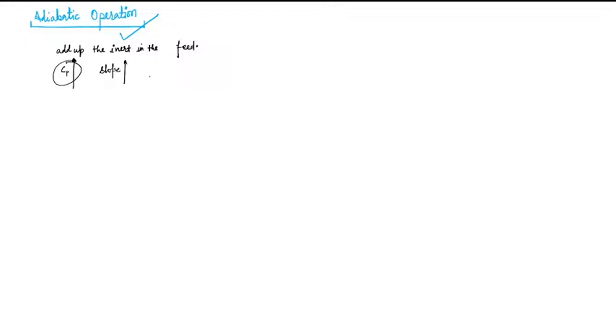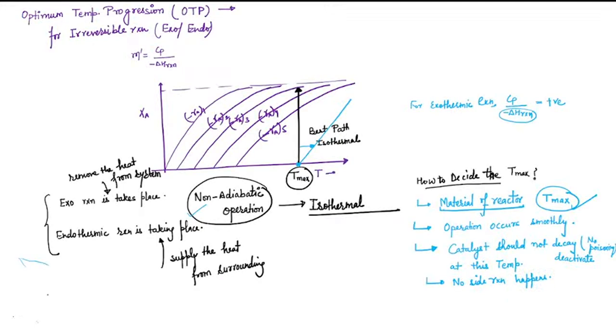So this curve, by adding the inert, will shift in this direction. Heat will be absorbed by the inert, and then it will shift to this vertical line, which means again the isothermal part. That was the best path.